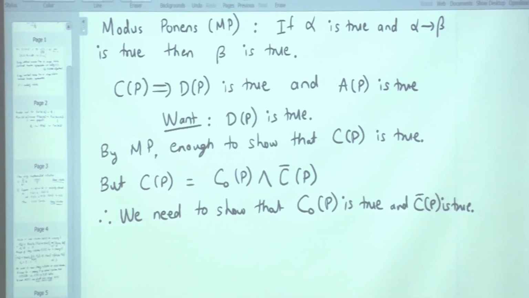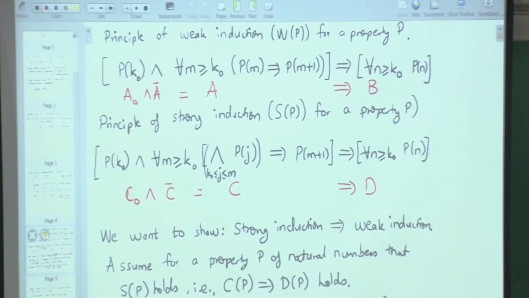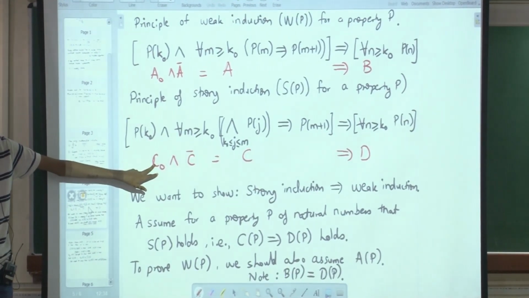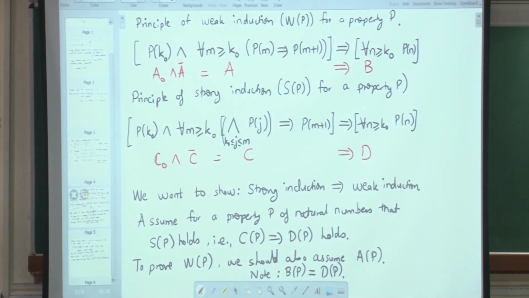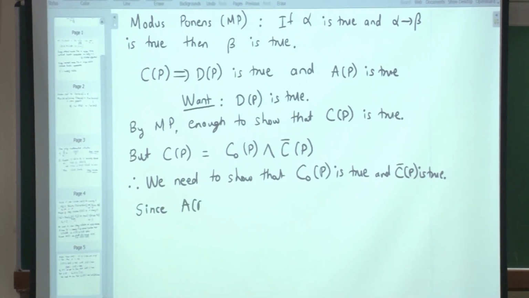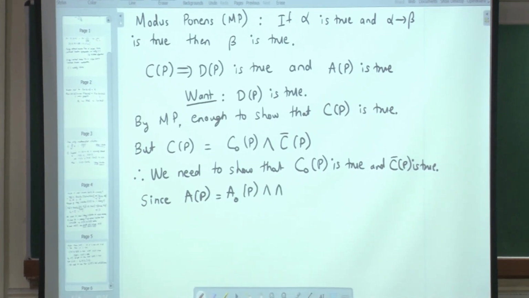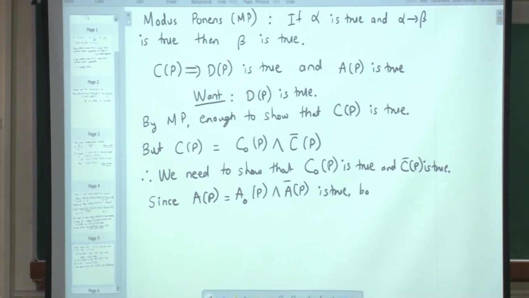Right. Okay, so C0P is true and C bar P is true. What is C0P? Observe. C0 of P is the same as A0 of P, and that is given to you. Since AP is equal to A0P conjunction A bar P, which is true, both A0P and A bar P are true.